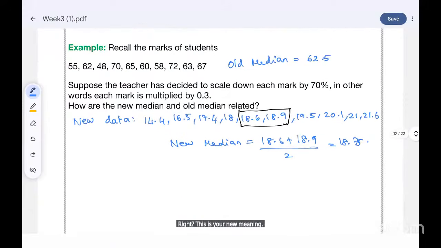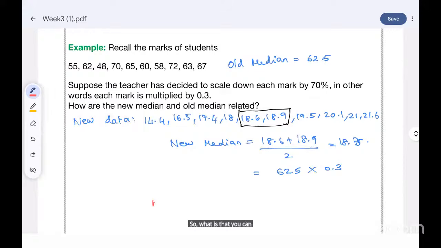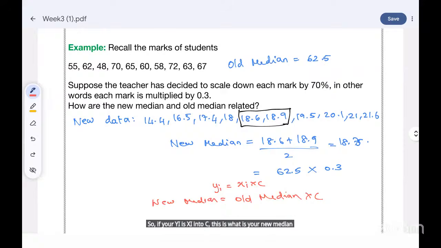You can see this is nothing but 62.5 into 0.3. So your new median is simply old median into C. If yi is xi into C, this is your new median. Clear?